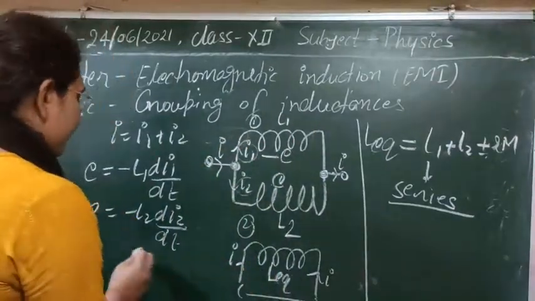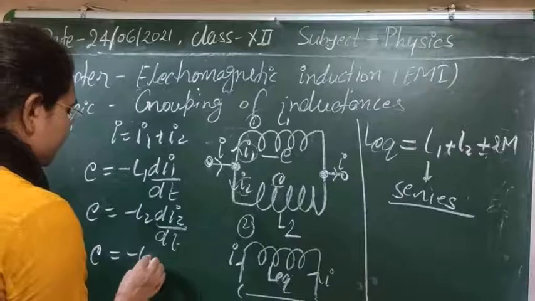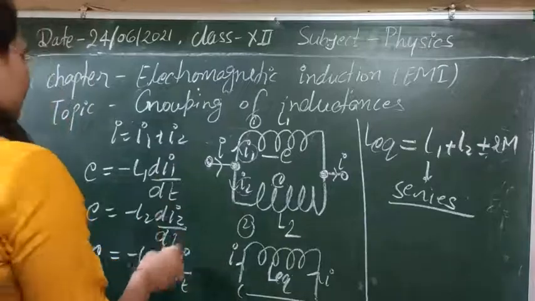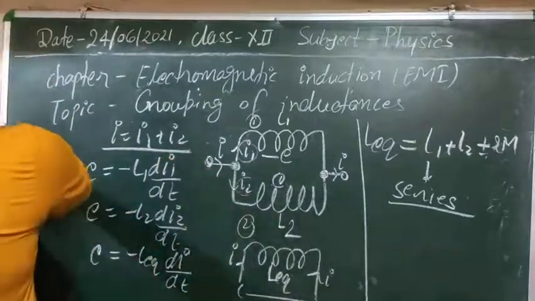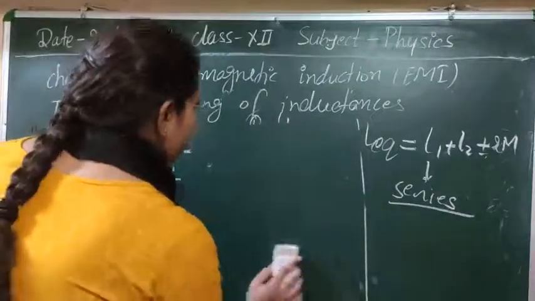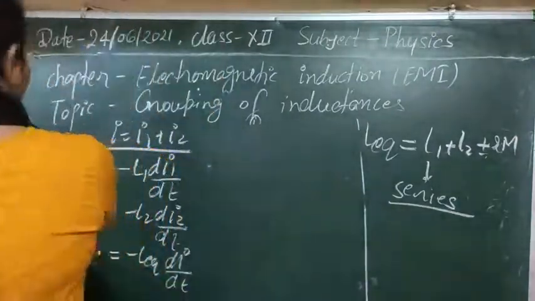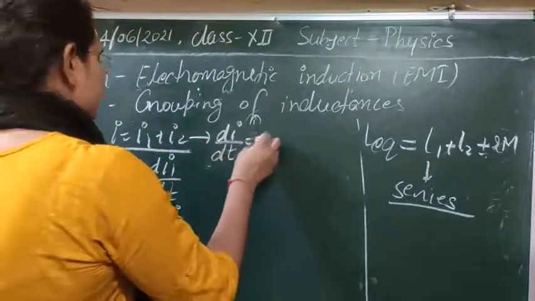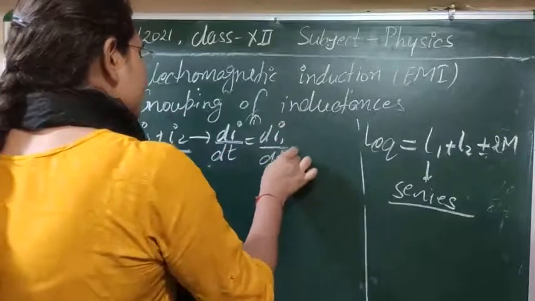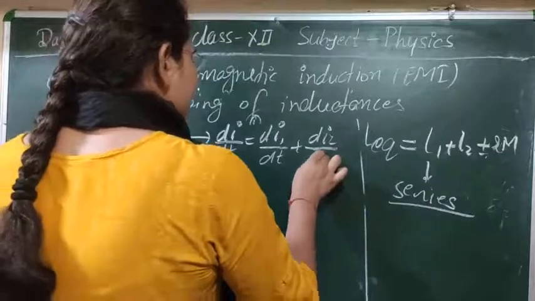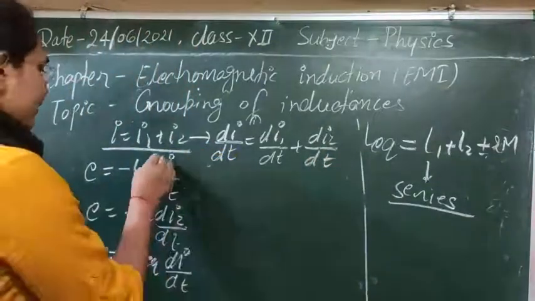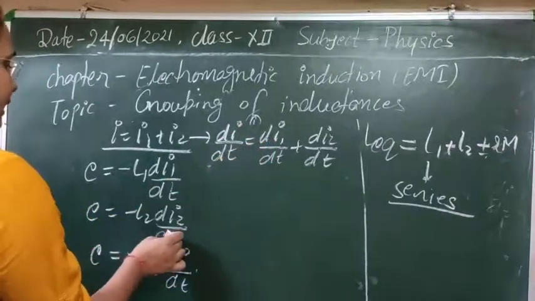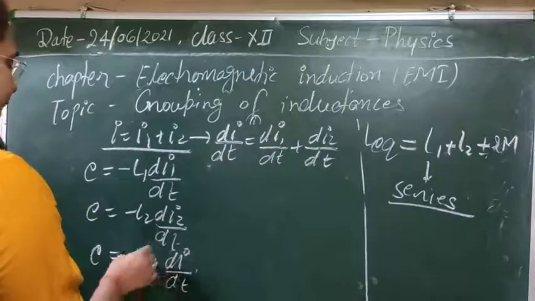Similarly, we get the self-inductance of L equivalent due to the change in current I. Now we can take the derivative of this formula with respect to t, di1 by dt plus di2 by dt. As it is distributive, we can distribute it. Now we can substitute the values of di by dt, di1 by dt, and di2 by dt from here. So let's write down the values.